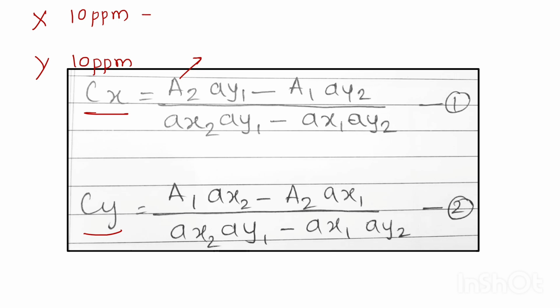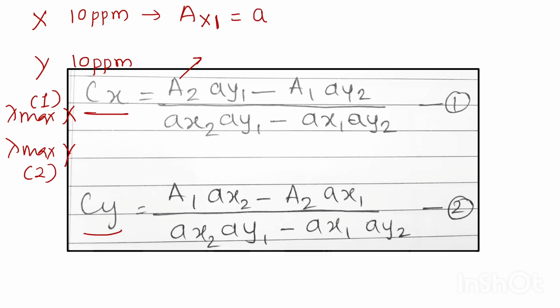X का absorbance I am measuring at two wavelengths. एक lambda max of X and second is lambda max of Y. ये वाले lambda max को चलो number 1 दिया, ये वाले lambda max को number 2 दिया. So absorbance of X at first wavelength ये मेरे पास आएगा, then I have A, B, C, Cx and this is AX1.